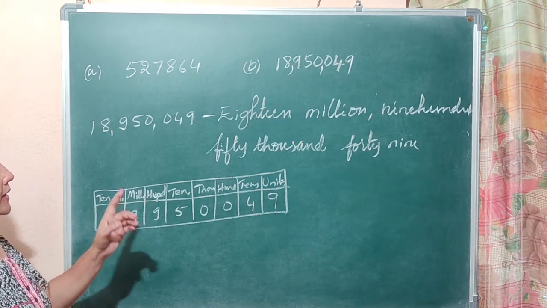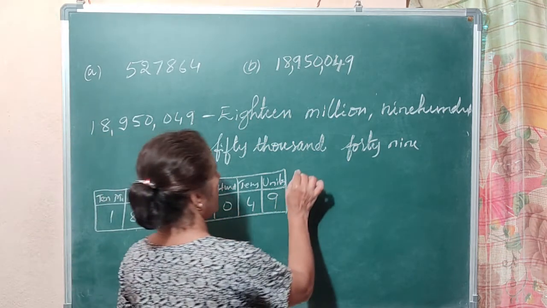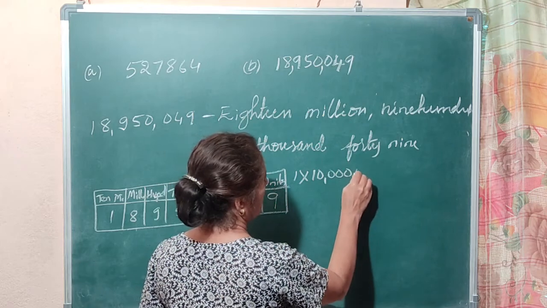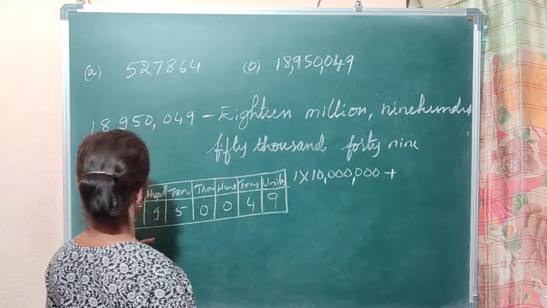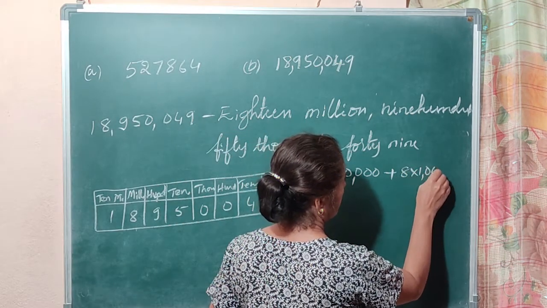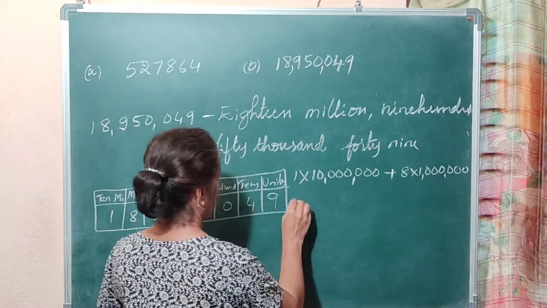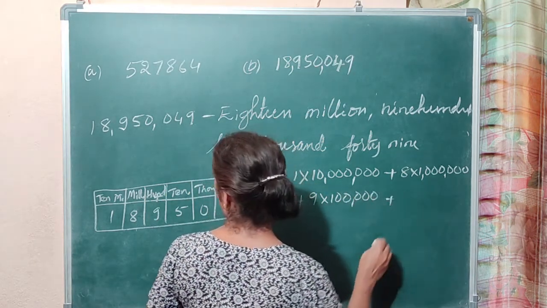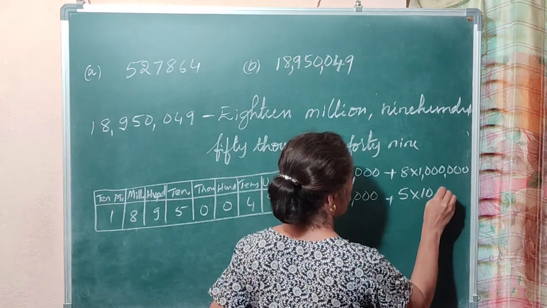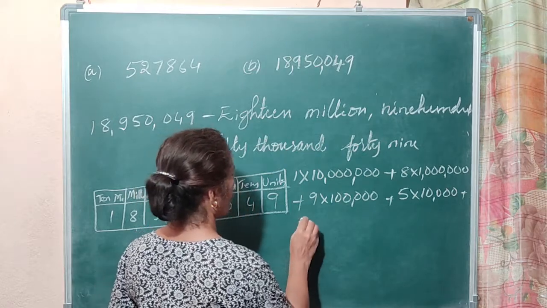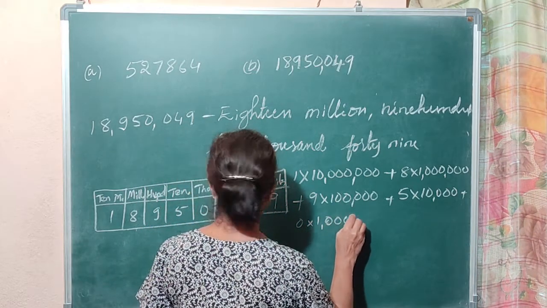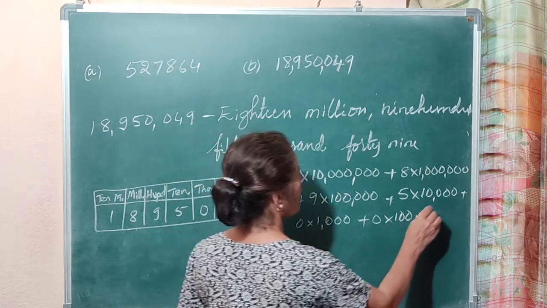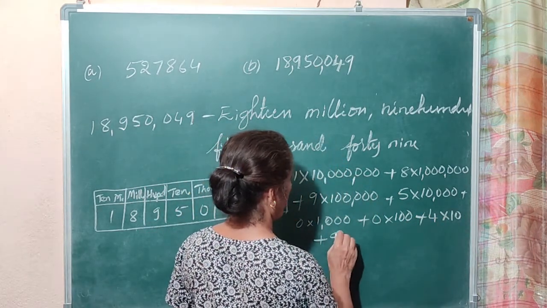How do you write it down now in the expanded form? 1 into 10 million, after million, 3 places for 1,000, then plus 8 into 1 million, after that 3 places for 1,000, then plus 9 into 100,000 plus 5 into 10,000 plus 0 into 1,000 plus 0 into 100 plus 4 into 10 plus 9 into 1.